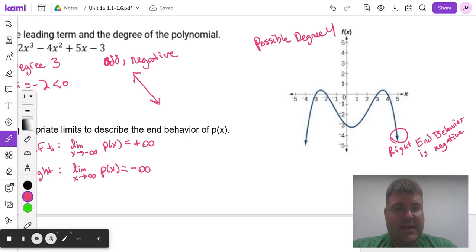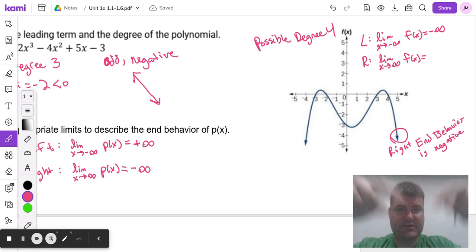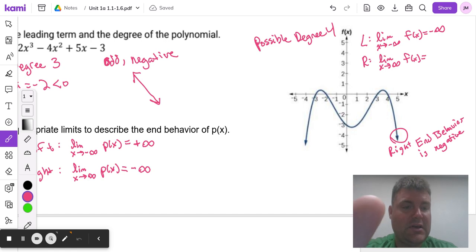Our left end behavior is also negative infinity. Our right end behavior is also, since it's an even function, negative infinity.